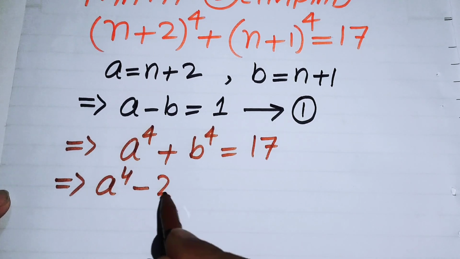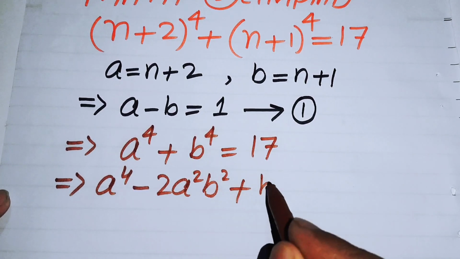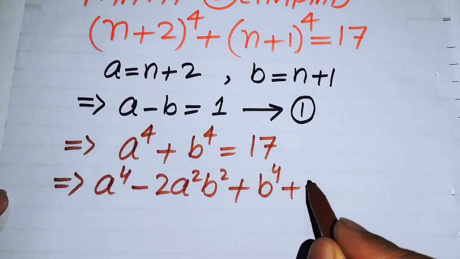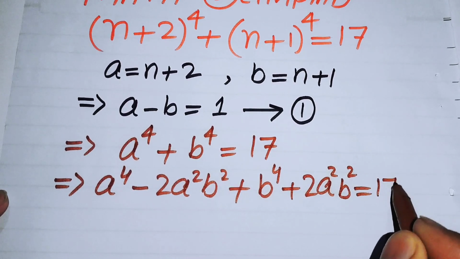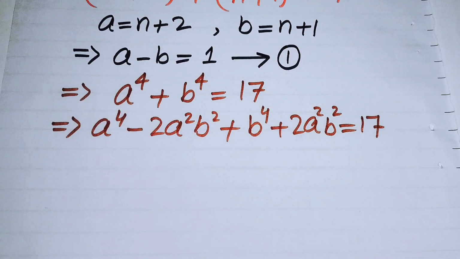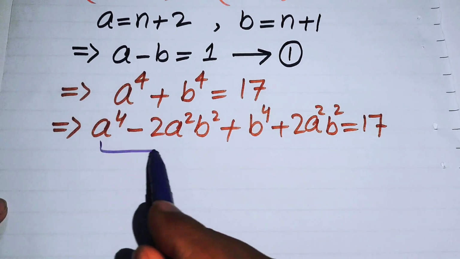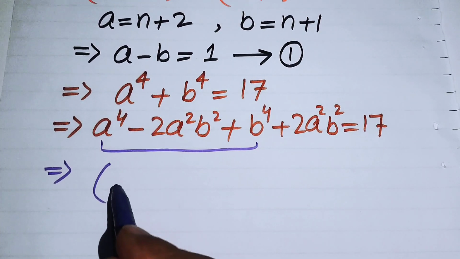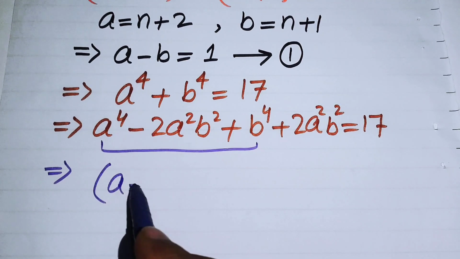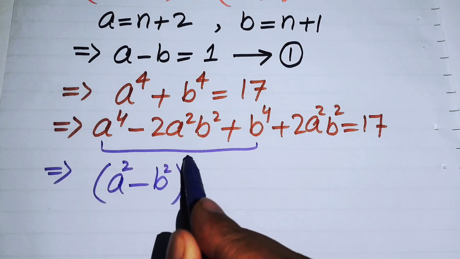So here we have a^4 - 2a^2b^2 + b^4, and we add 2a^2b^2, and this whole equals 17. Now you focus on this term, and you see it becomes the complete square of (a^2 - b^2) whole squared.